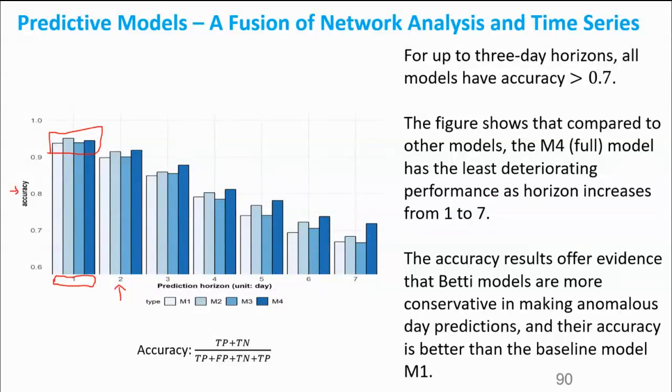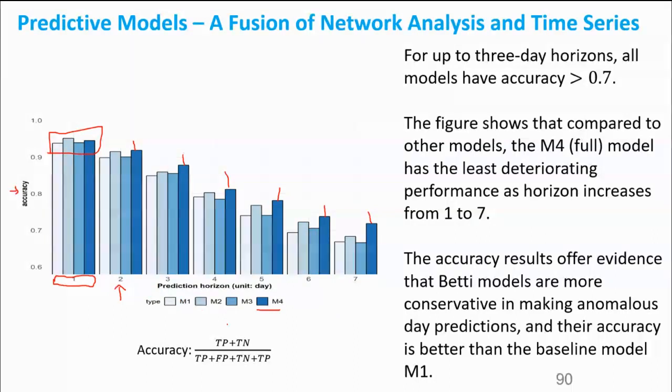The figure shows that compared to other models, the full model, which is M4, has the least deteriorating performance. So M4 keeps having the highest accuracy, but still it's not enough. The accuracy for Horizon 1, however, is important, and it offers evidence that Betty models are more conservative in making anomalous day predictions.